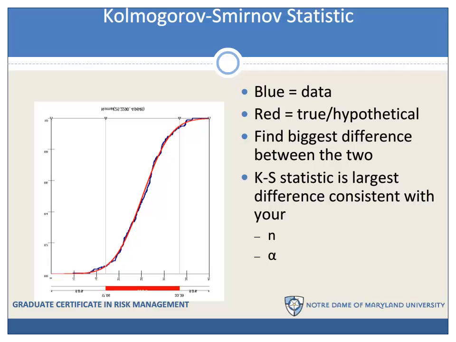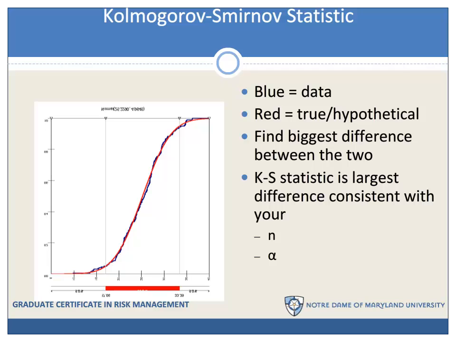Looking at the graph here, the blue line represents your actual data, and the red line represents a hypothetical distribution that has the same parameter values as your data. You can see that the red and blue lines do not match.